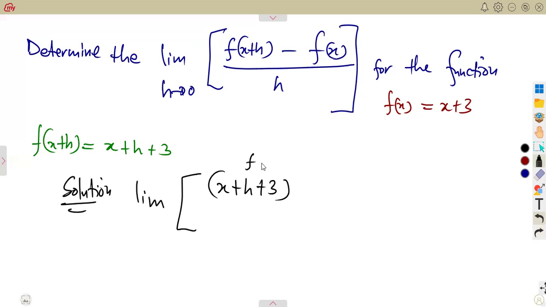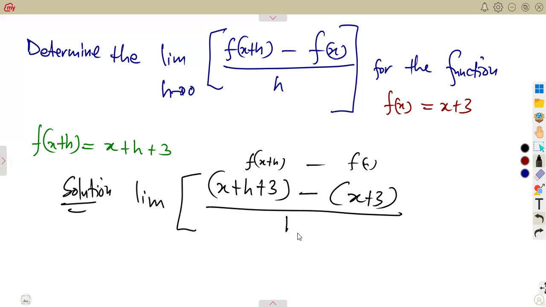This is representing our f of x plus h minus f of x. What is representing f of x? It's x plus 3. So it's always good that you put the second part of our function in the bracket. The first one, there's no need there. Minus f of x. What is our f of x? x plus 3. Everything over h. That's our formula.